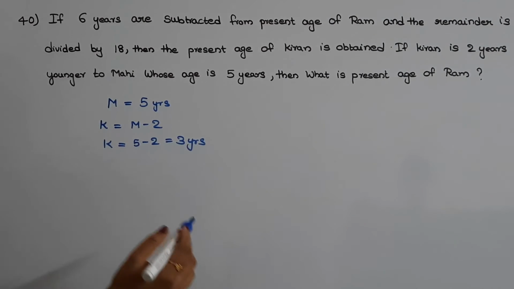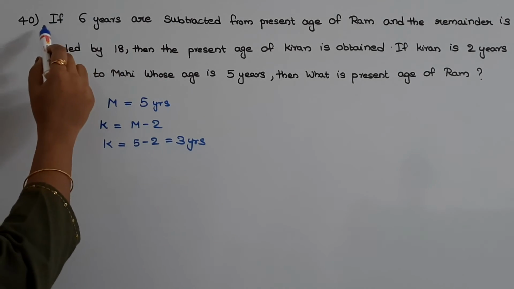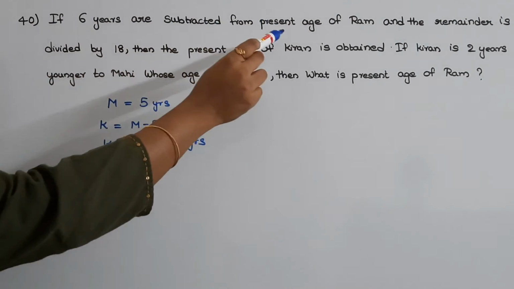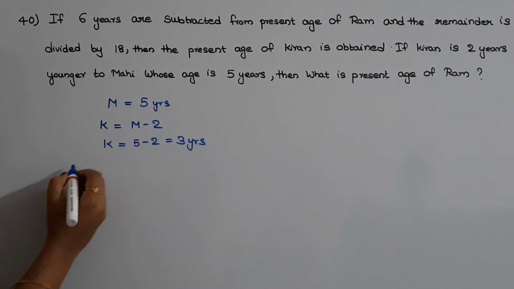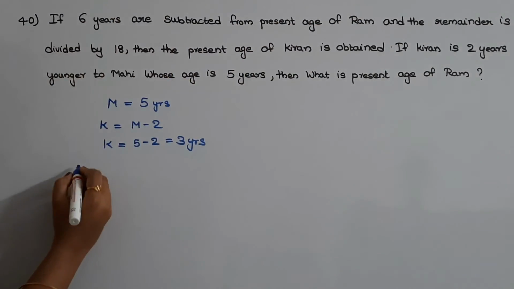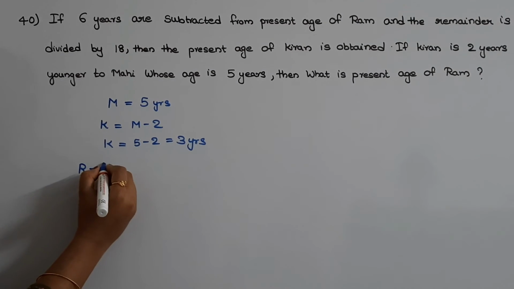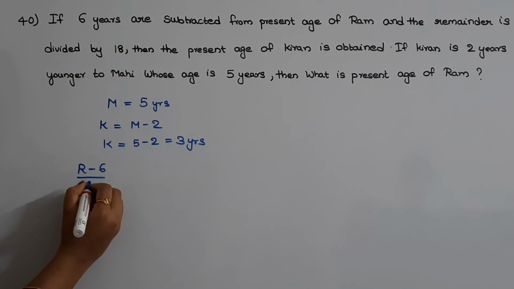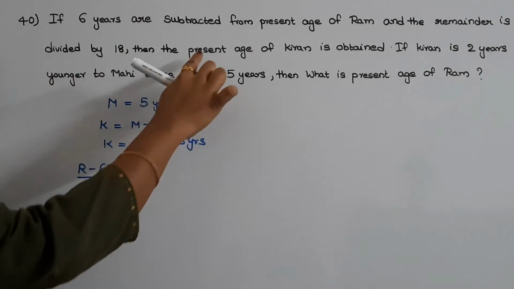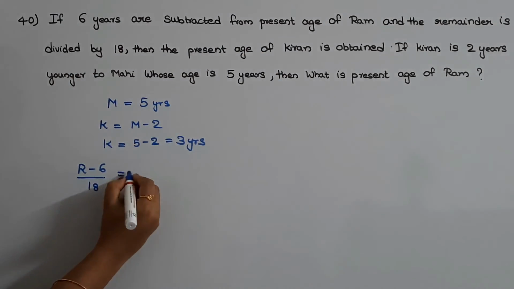Now let us see what is given in the first sentence. If 6 years are subtracted from present age of Ram and the remainder is divided by 18, then we will get the present age of Kiran.